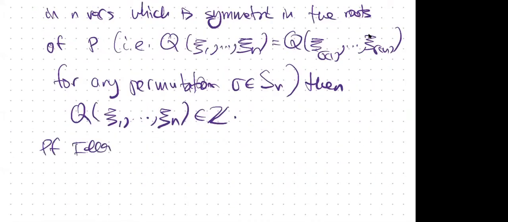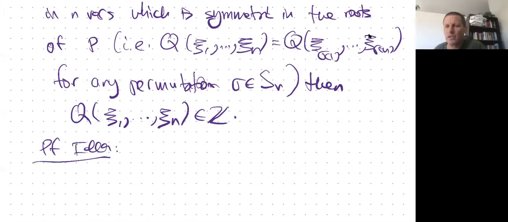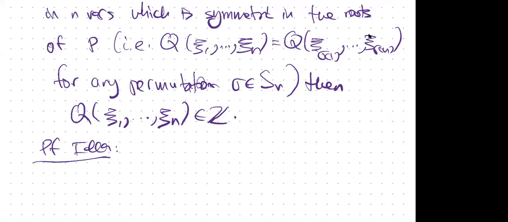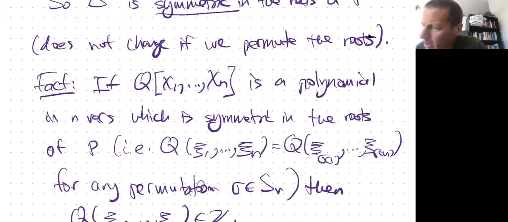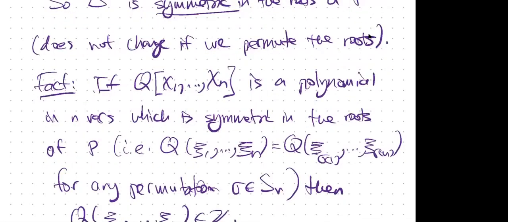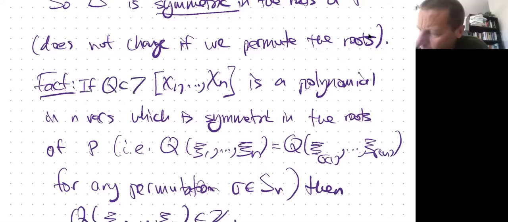You probably need that q is an integral polynomial, right? Because otherwise I can just scale it. Yeah, of course. Q is a polynomial in n variables with integer coefficients.